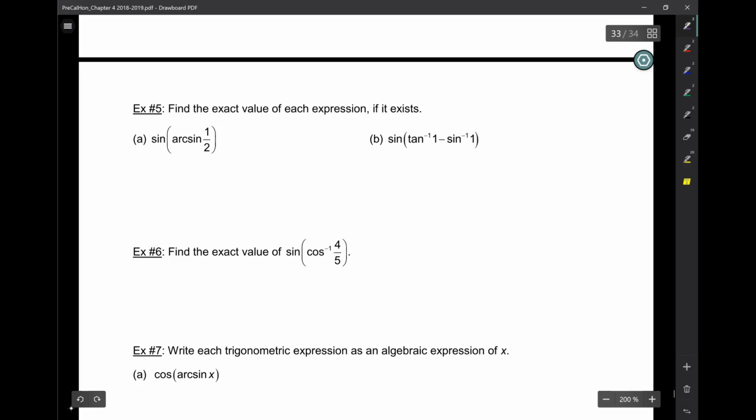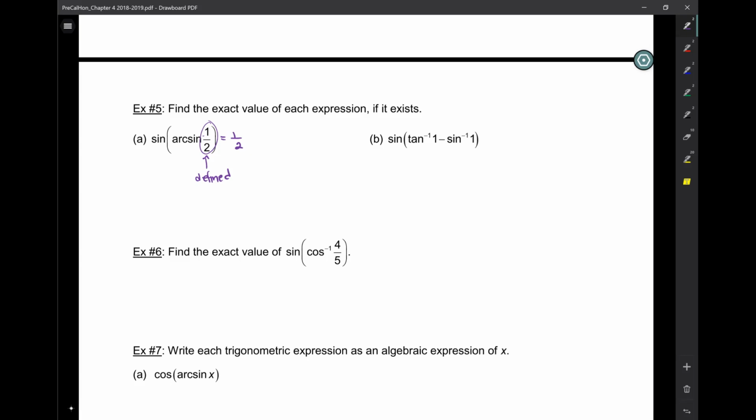It's like the inverse of the sine, so basically it's just 1/2. You just have to make sure that this is defined. If it was sine of arcsine of 3, it wouldn't work, because you have to have a number in here between -1 and 1.